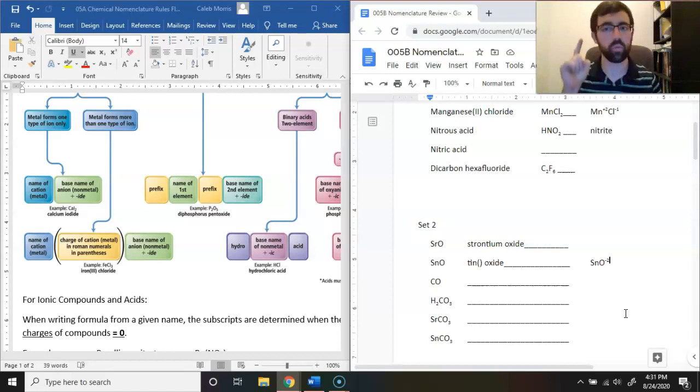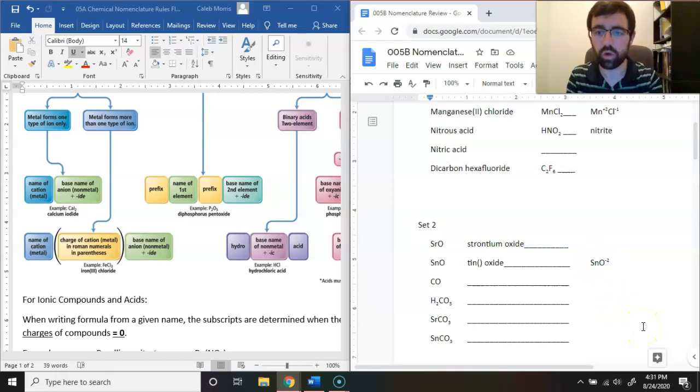If I only have one oxide, and that oxide has a -2 charge, 1 times -2 is -2, so the other side has to combine to be +2. I had a -2 over here, I have a +2 over here.